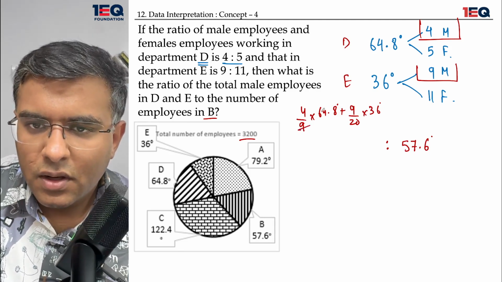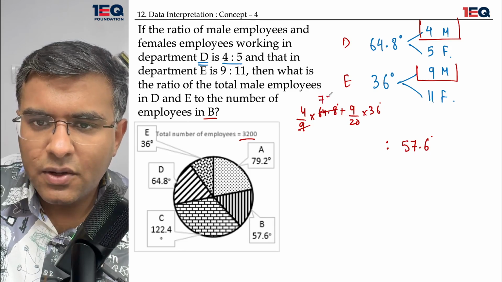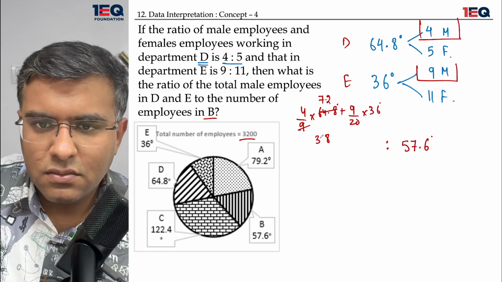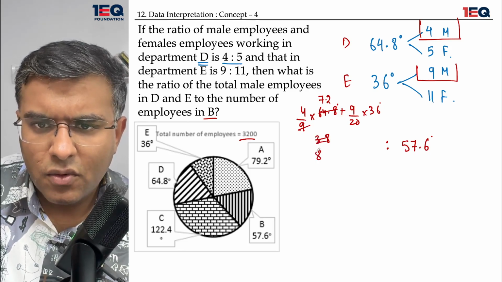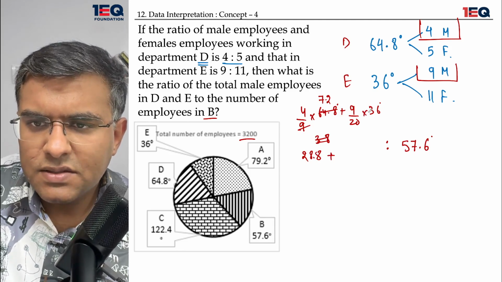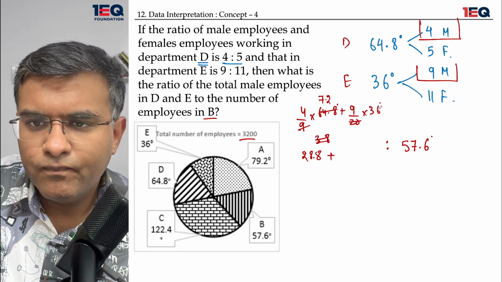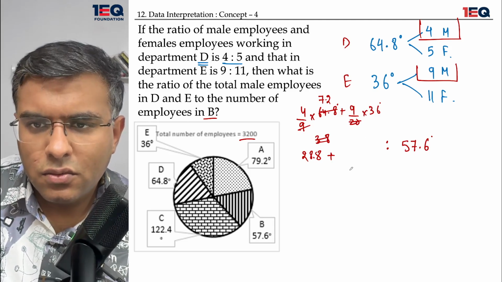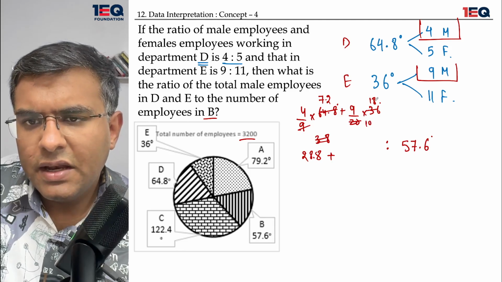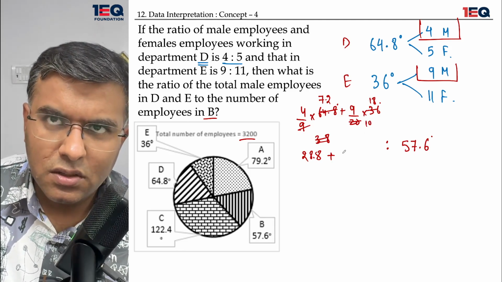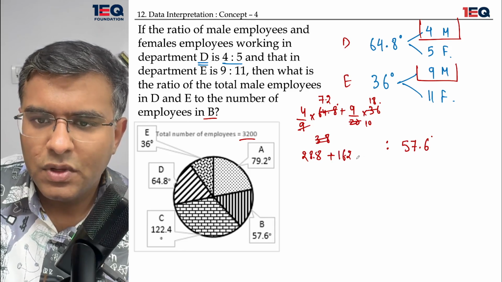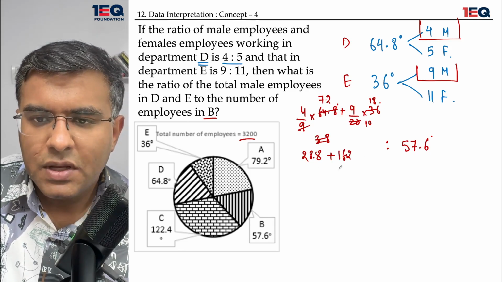9 sevens are 63 and 9 twos are 18, so this is 7.2. 4 twos are 8, 4 sevens are 28, so this is 28.8, plus 9 into, I'll rather do it 18 upon 10. 9 nines are 81, so 16.2.